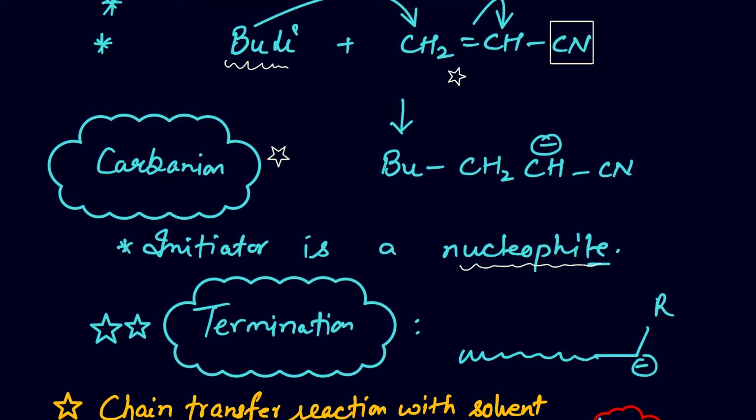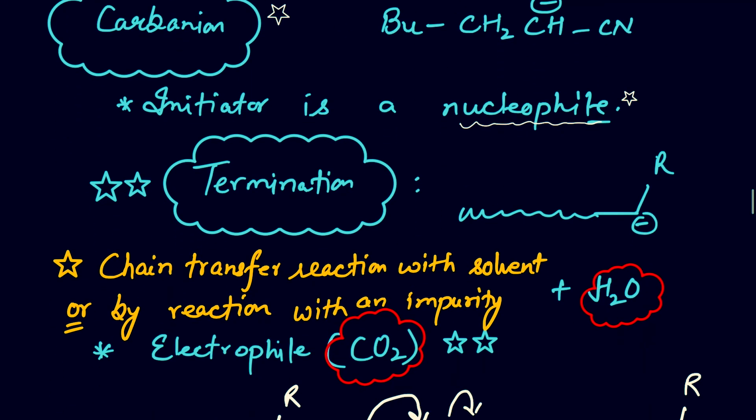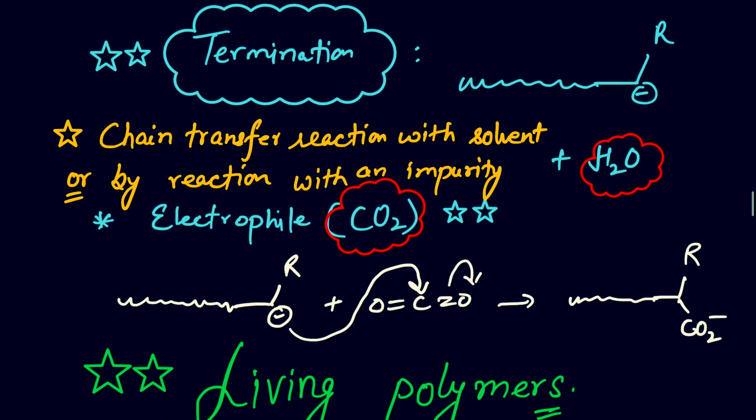Now if we want to terminate anionic polymerization, then we can use chain transfer reaction with the solvent or reaction with any impurity. For example, CO2 can terminate this reaction.